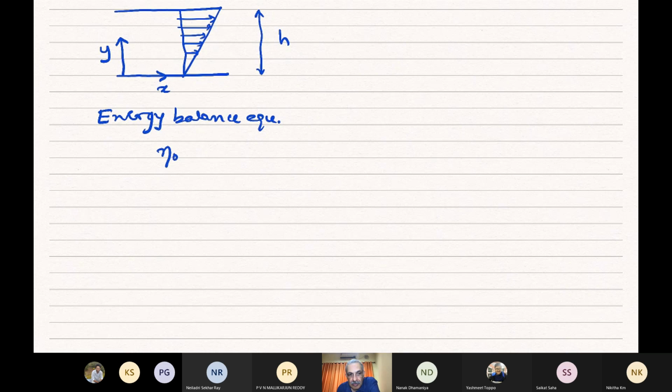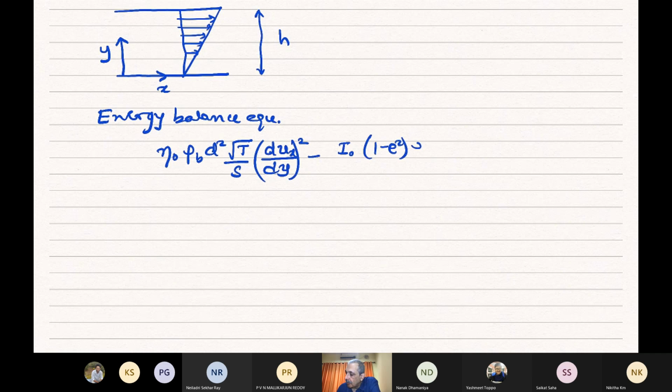eta 0 rho b d squared into square root of t by s, that is the viscosity, into the velocity gradient, so that you'll get dux by dy whole squared, minus the loss due to inelastic collisions, I0, 1 minus e squared rho b t raised to the power of 3 by 2 divided by s.